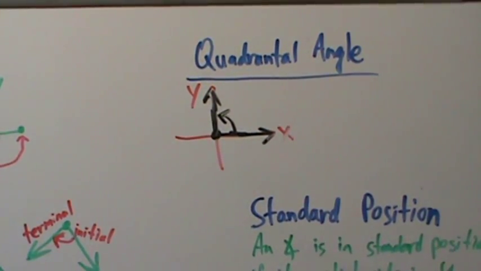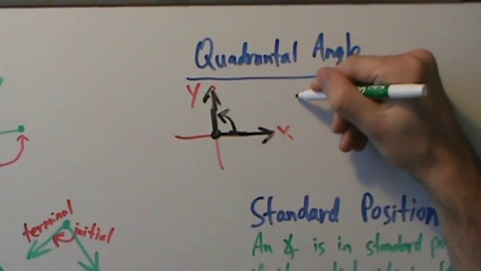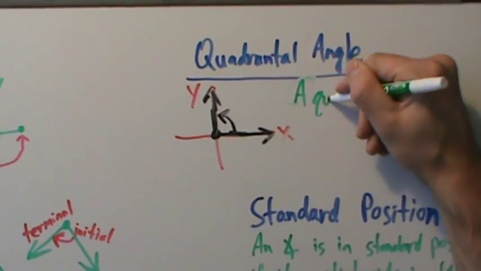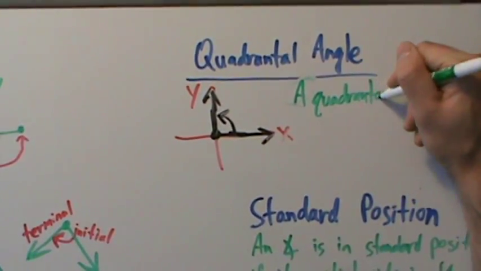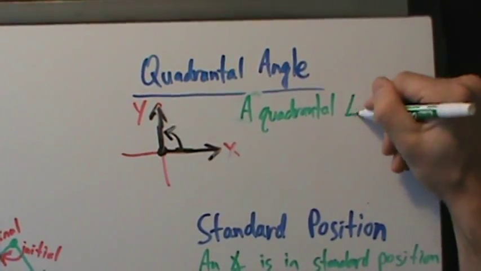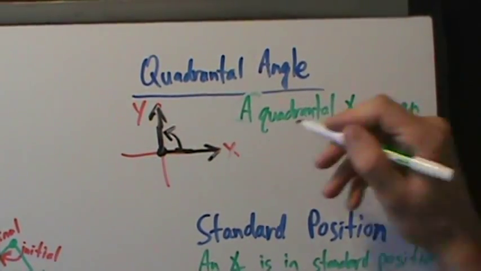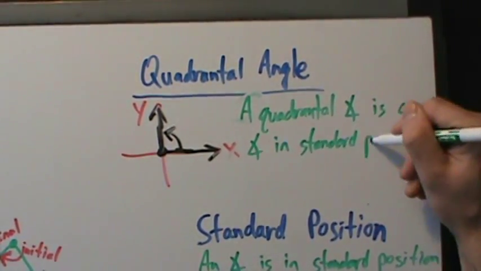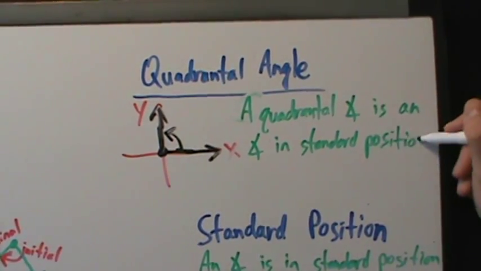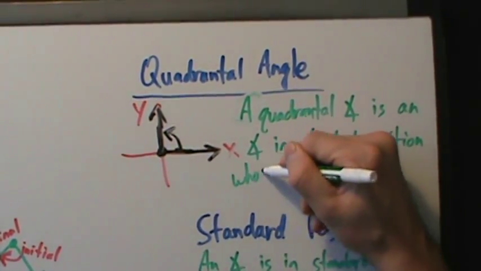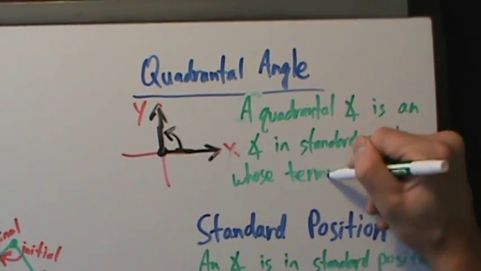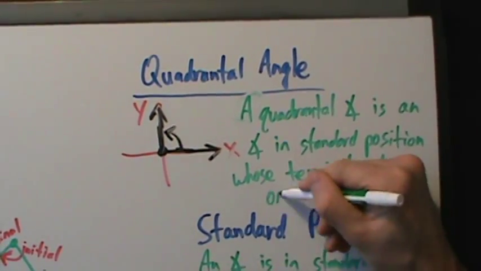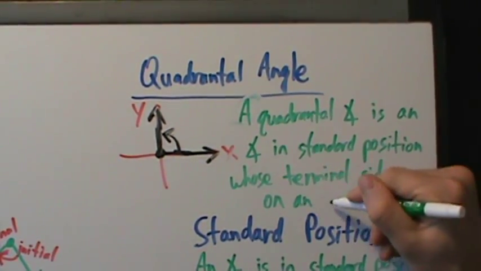So let's write down what a quadrantal angle is. A quadrantal angle is an angle in standard position whose terminal side is on an axis.